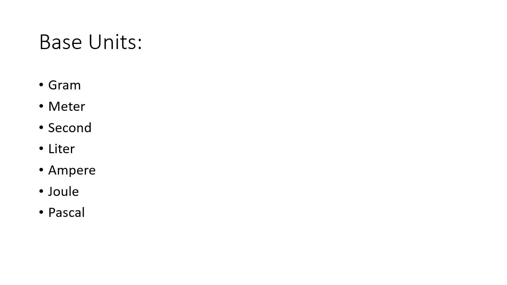So we can say milliliter, microampere, megajoule, kilopascal, milliseconds, kilogram. So we use the prefixes with these base units. Whenever you see these base units, they remain symbols. There will be letters before and letters after.